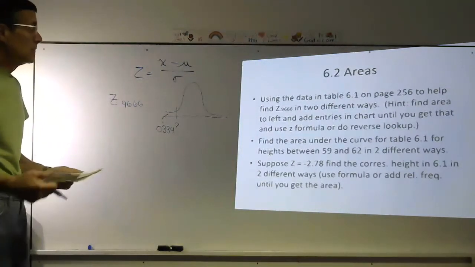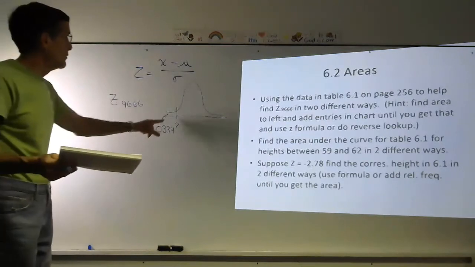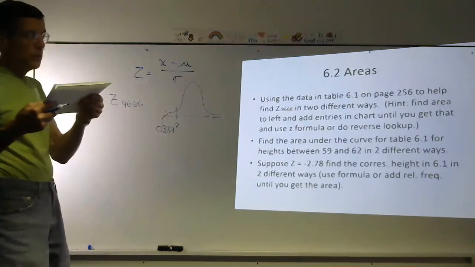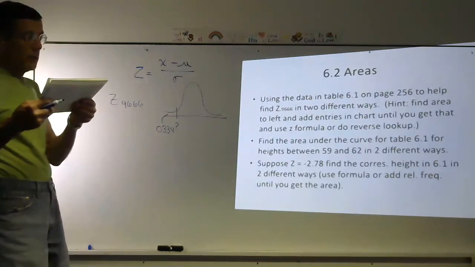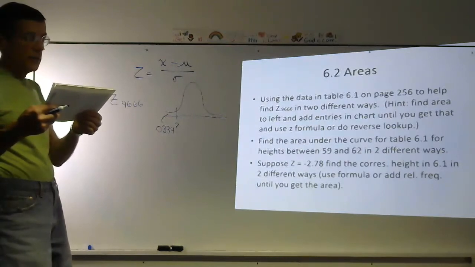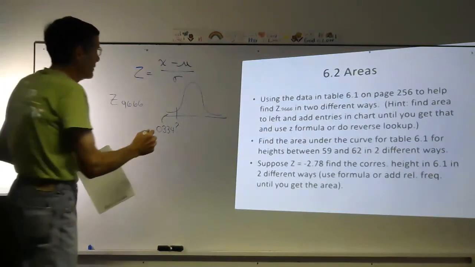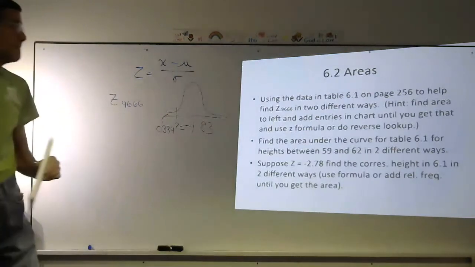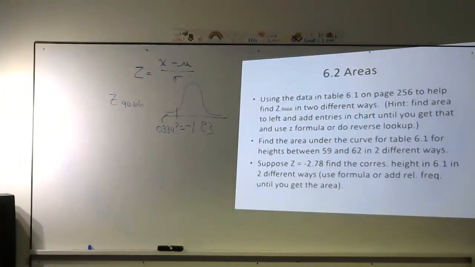How can I find the z-value for that area? Do a reverse lookup. 0.0334 is very, very close to the z-value negative 1.83. Negative 1.83.